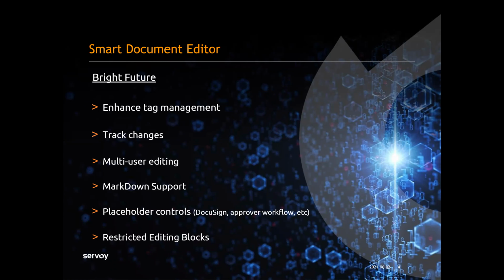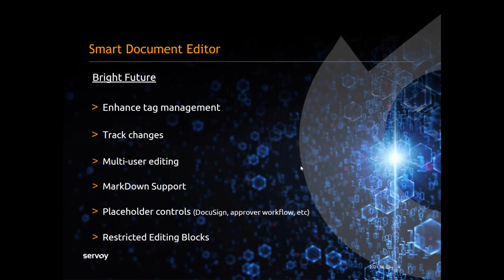Somebody asked about specifying input. There's these placeholder controls that we were starting to expose, and we took it out because it's not quite ready yet. But you could mark different parts of the document as read only, and other parts with a custom kind of editor in it. So if you want to make your own document signing or approver workflow or something, all of that is actually supported in the component itself.